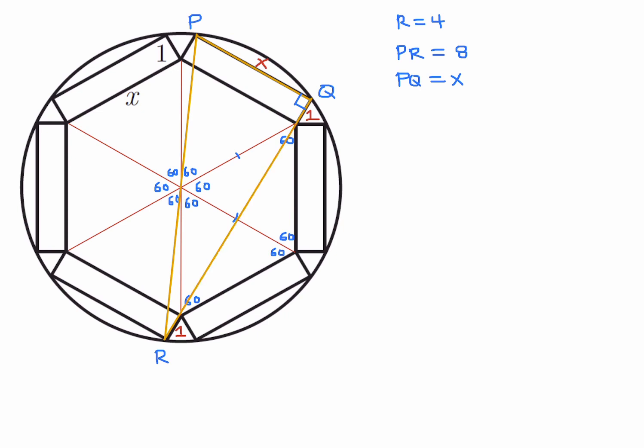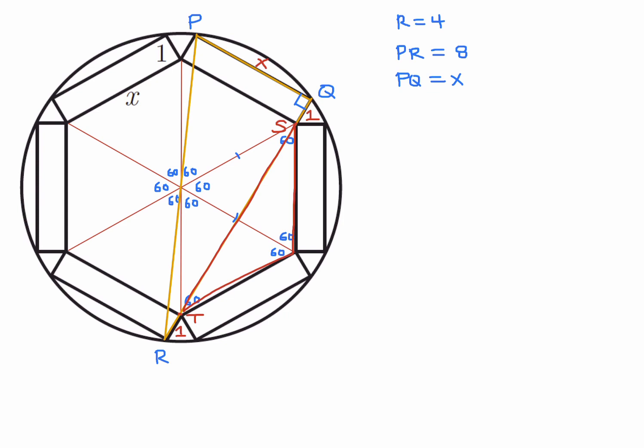And we can label those 2 points if you really want to. We can call them S and T. So this is S, this point right here, and this point right here we can call T. Okay. Now take a look at this triangle right here.